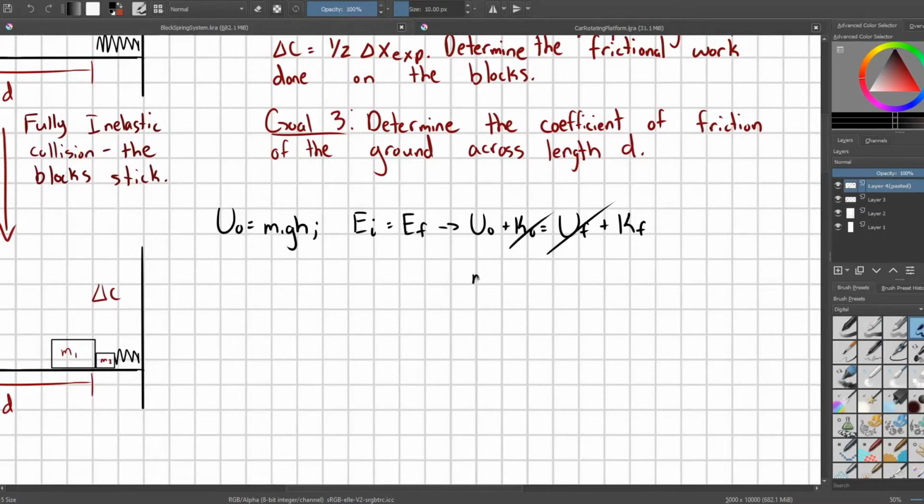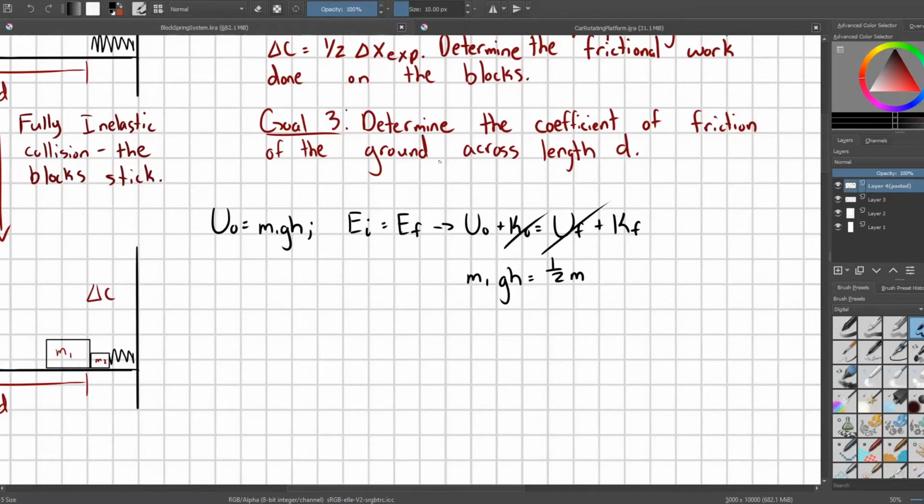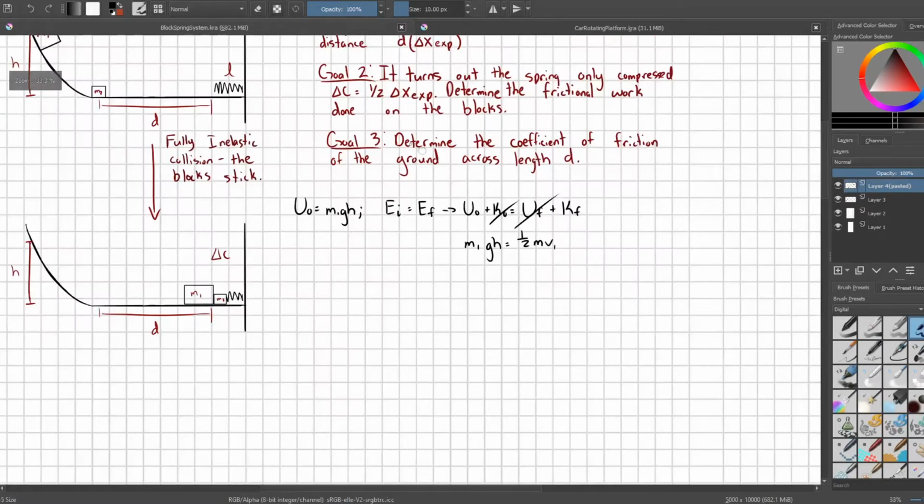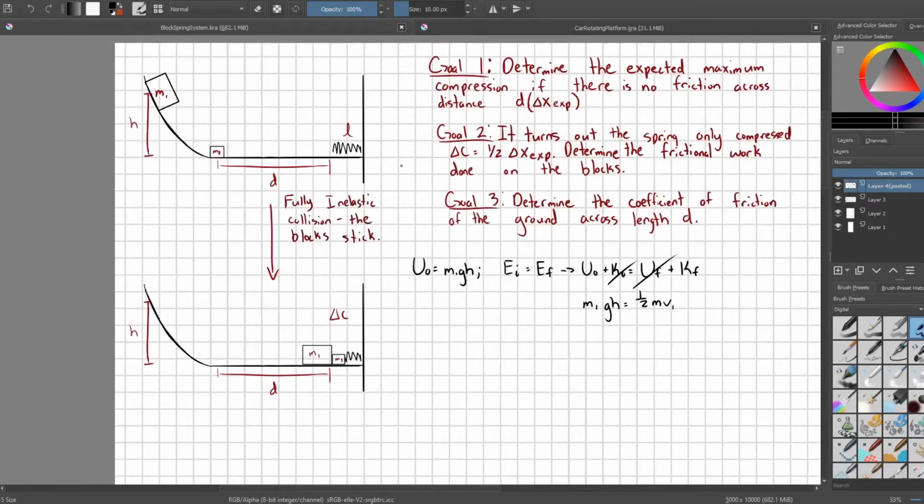So I'll rewrite this as M1GH equals 1/2 M, and let's give this a term. I'm going to call this V1 because I'm going to be referring to this velocity as the velocity of M1.